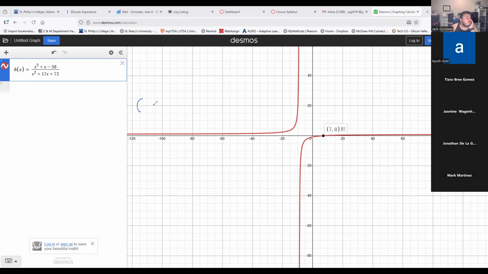So the domain is going to be this chunk: negative infinity all the way up until that number here, which I don't know, something. Then everything after that number and forever to the right. So that would be the domain. You're going to union those two parts.